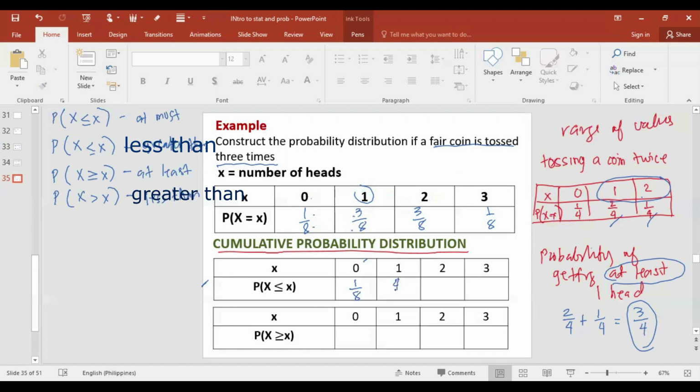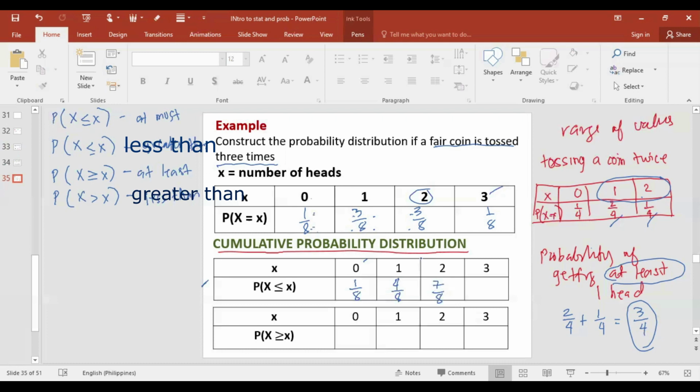We get 4/8. Next, what is the probability of getting at most 2 heads? Since it's at most 2 heads, we will not consider anymore this one. We simply add 1/8, 3/8, and 3/8. So 1/8 plus 3/8 plus 3/8 is 7/8.